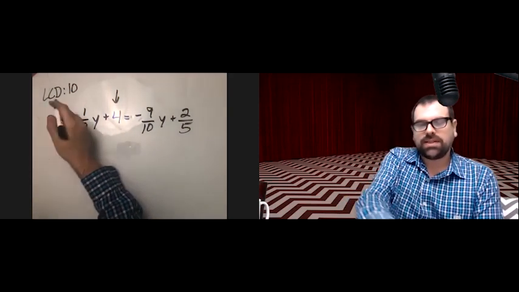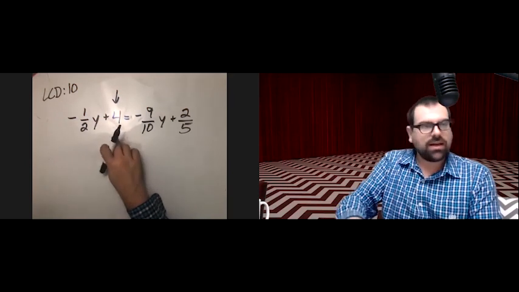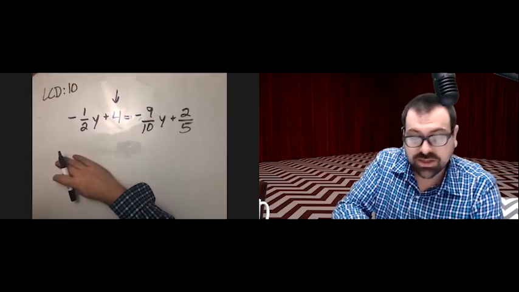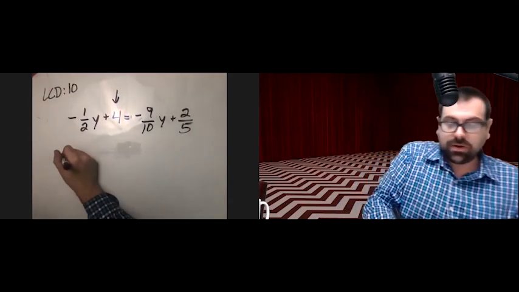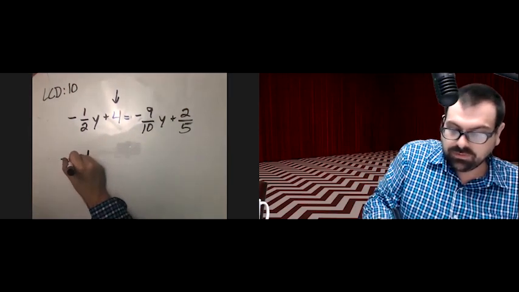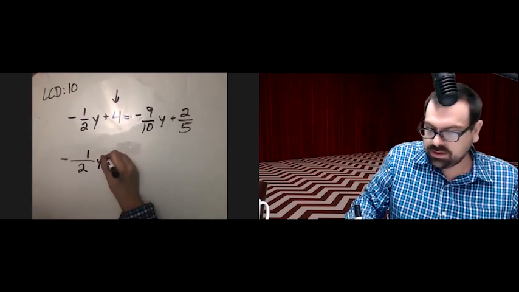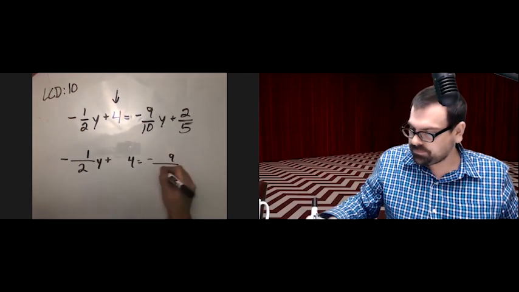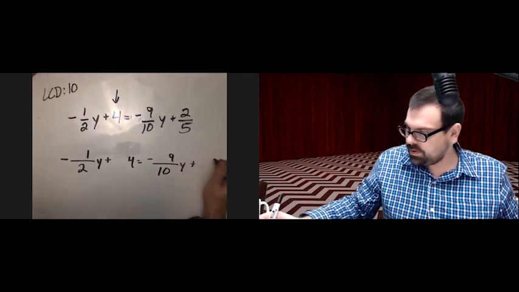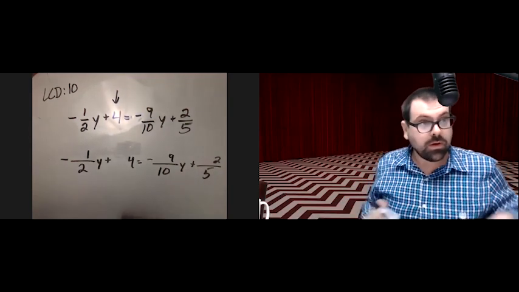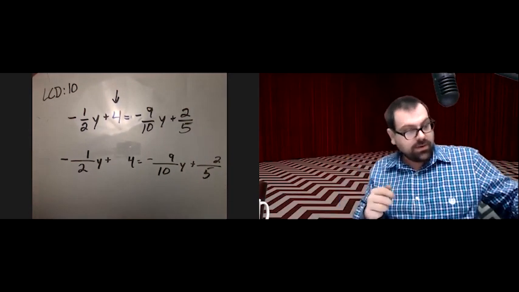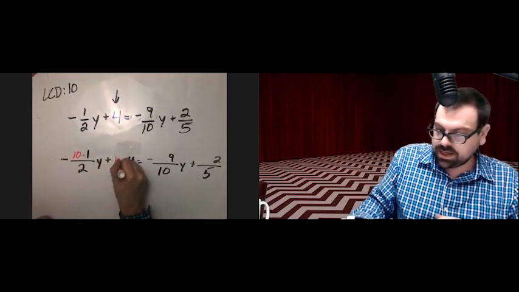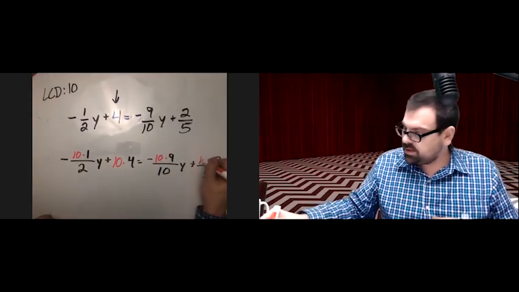Because remember, 10 times the whole side would get distributed. Even if it's not a fraction, you still need to multiply your 10 by it. And if it is a fraction, it just goes in the top. So leaving room for a times 10, there's my rewriting, and I'm going to go through times 10, times 10, times 10, times 10.